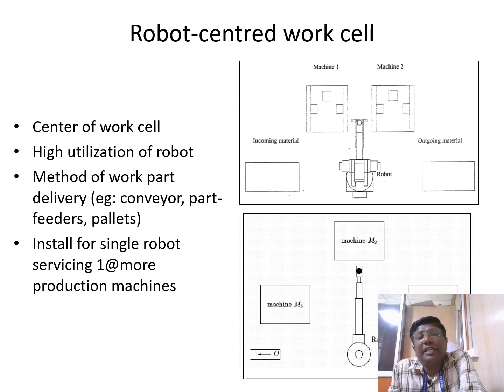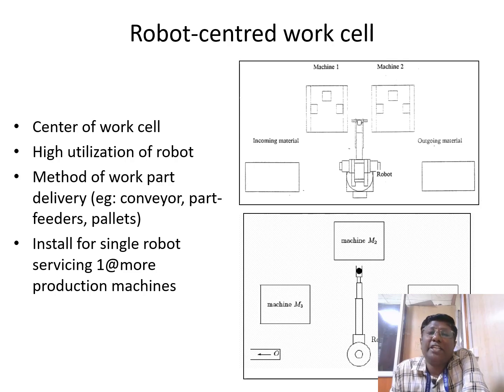We have the incoming material coming here, then machine 1 and machine 2 for the process, and then the outgoing material. The robot is placed at the center. There are two or three options. Suppose the incoming material comes on a conveyor, the robot can pick it up and place it at the required location in machine 1.